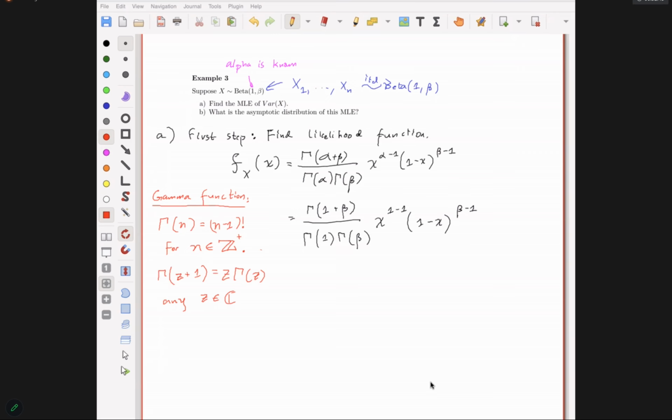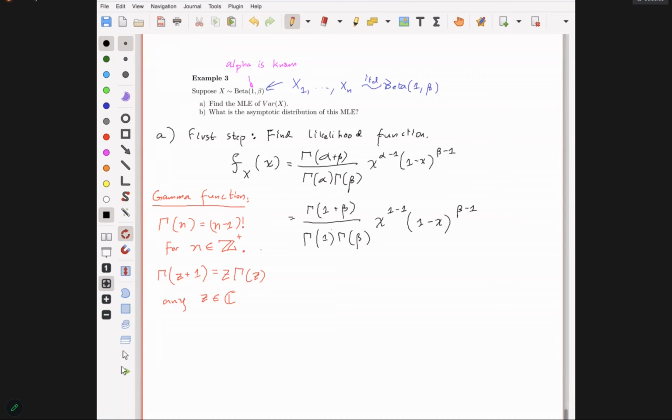We just have the gamma 1, gamma beta. Okay, so let's start with the numerator here. Gamma of 1 plus beta.